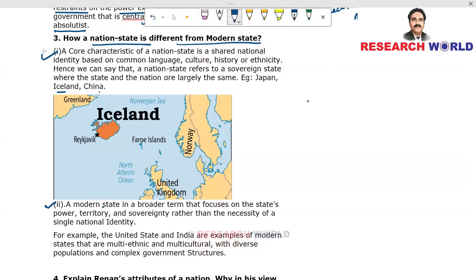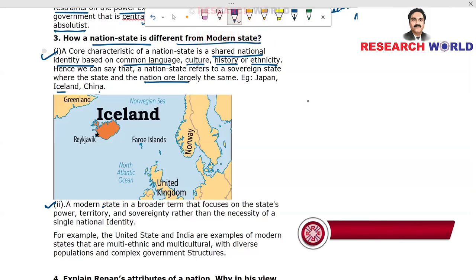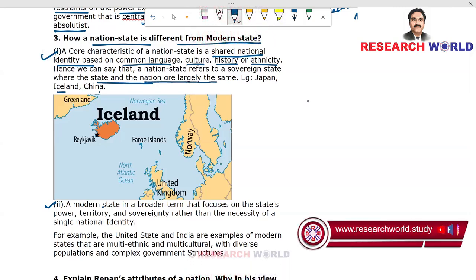A core characteristic of a nation state is a shared national identity, based on common language, culture, history, or ethnicity. That's point number one. Hence, we can say that a nation state refers to a sovereign state where the state and the nation are largely the same.